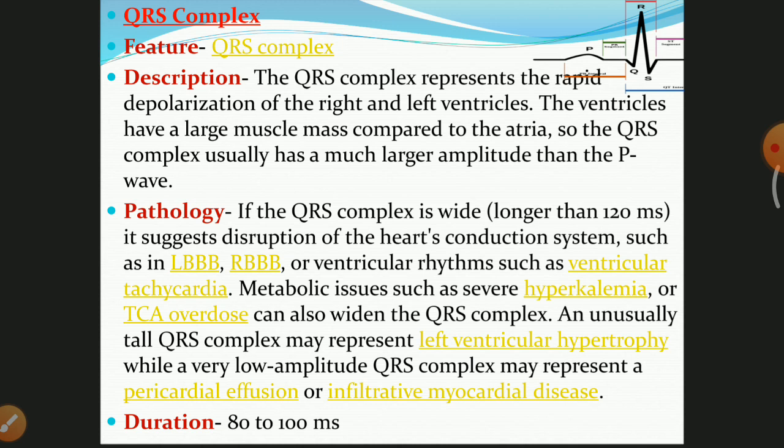The duration of the QRS complex is 80 to 100 milliseconds.